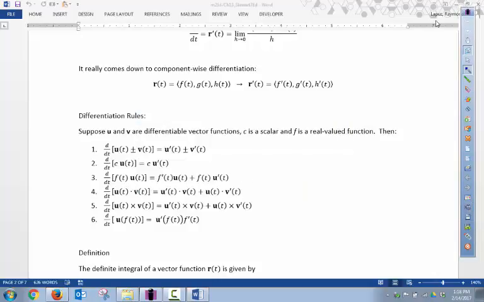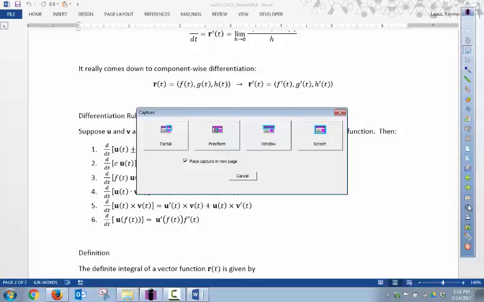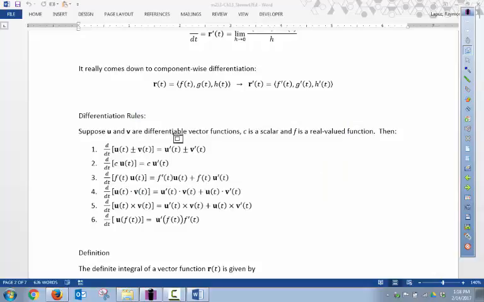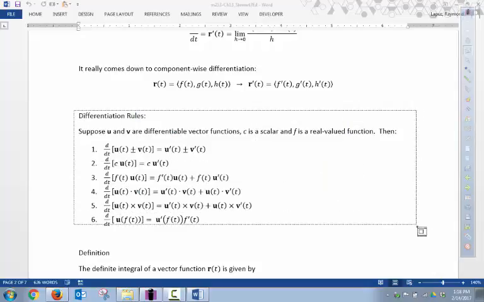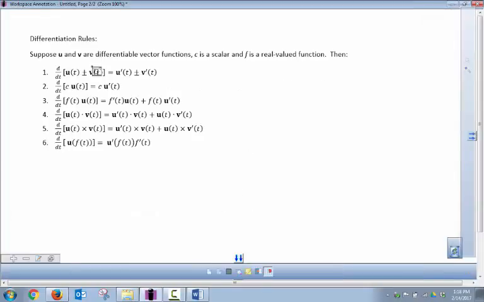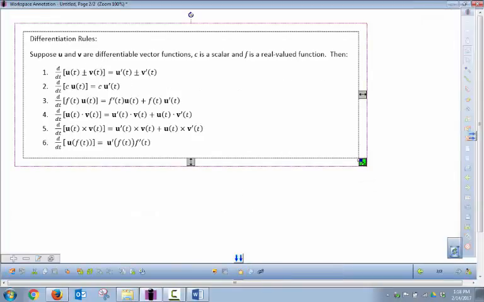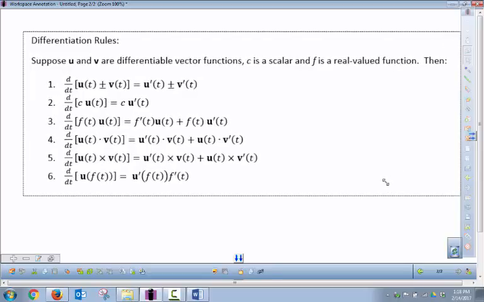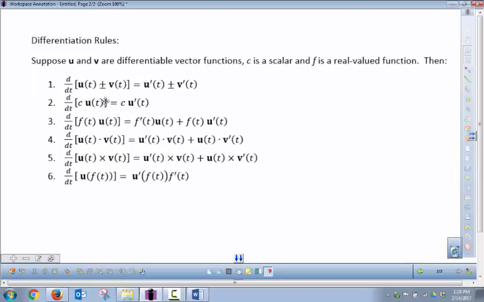that mimic a lot of the rules that we already know of with regular functions. Like the sum: the derivative of a sum is the sum of the derivatives. And the derivative of the difference is the difference of the derivatives. That's that first one.